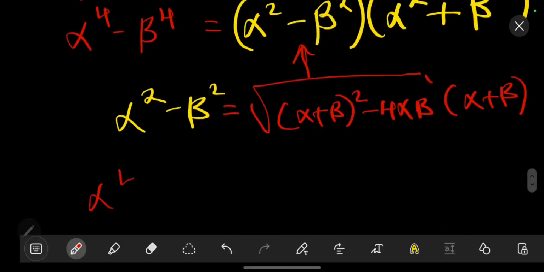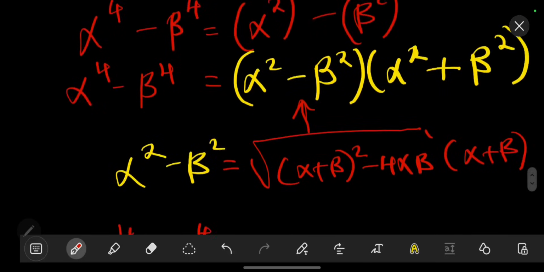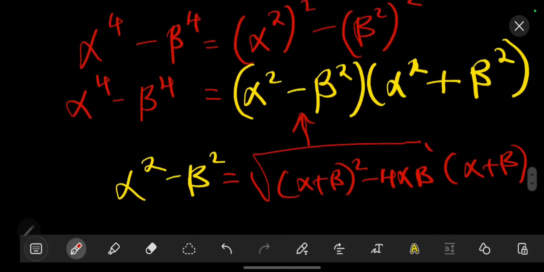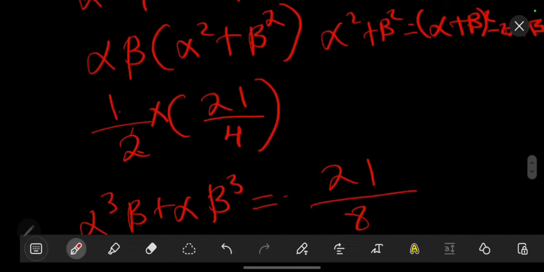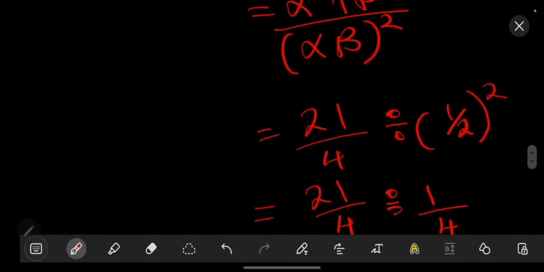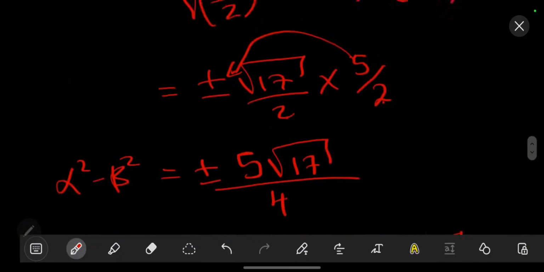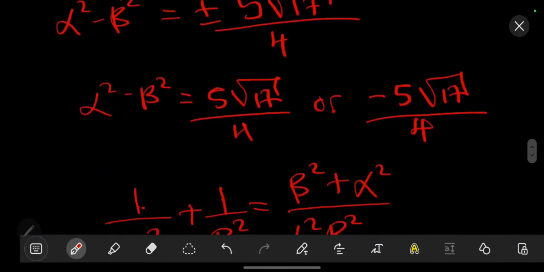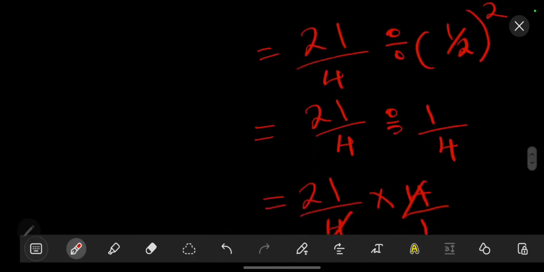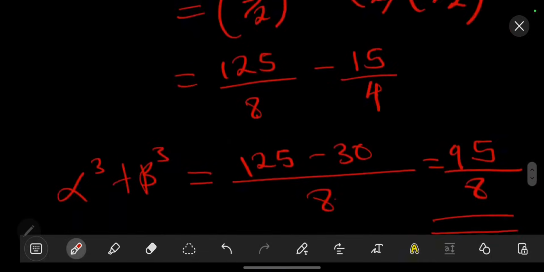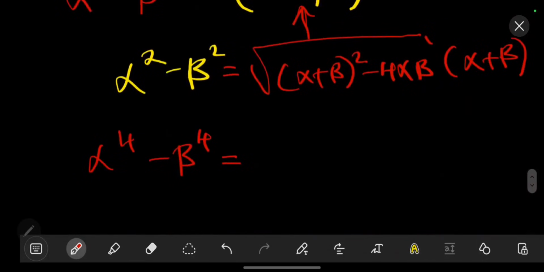So we have alpha to the power 4 minus beta to the power 4 should be equal to, so we are just using the same equation, remember that. So we have alpha squared minus beta squared. This gives us a value that is equivalent to plus or minus 5 over 4 times the square root of 17.